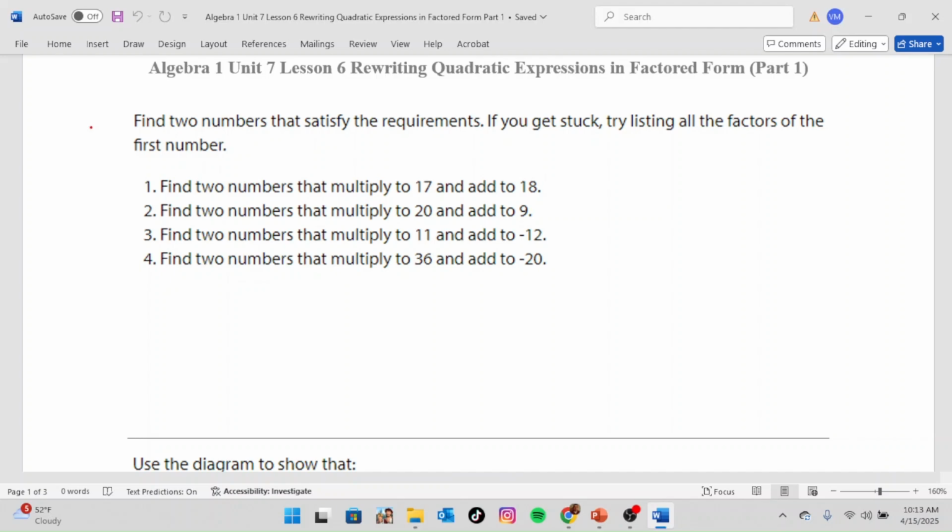So on this first problem, it tells us to find two numbers that satisfy the requirements. And their note is that if we get stuck, we can try listing all the factors of the first number.